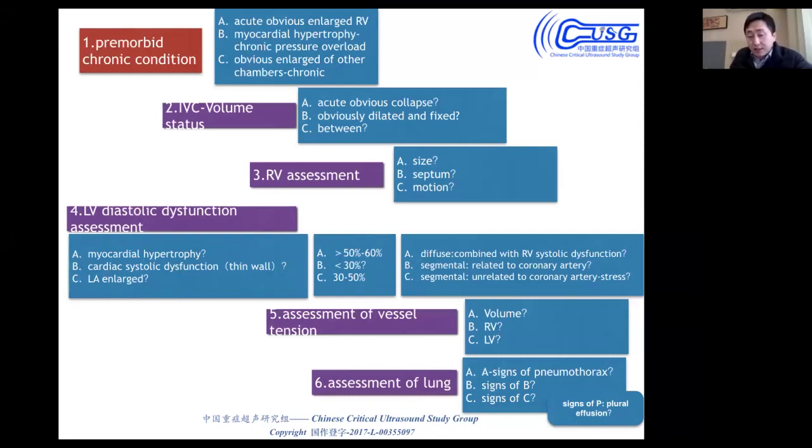And the sixth step, we should do the assessment of the lung and also the kidney, to assess if there are signs of A lines, B lines, or consolidation, to judge the pathophysiological changes of the lung, if the patient has lung edema or others.